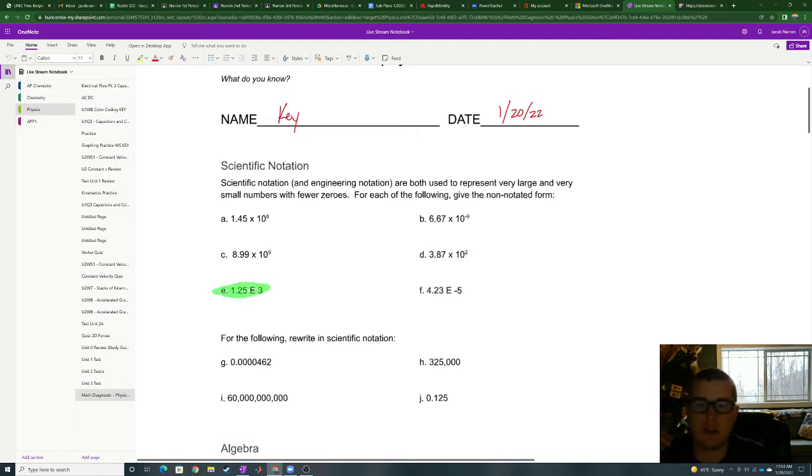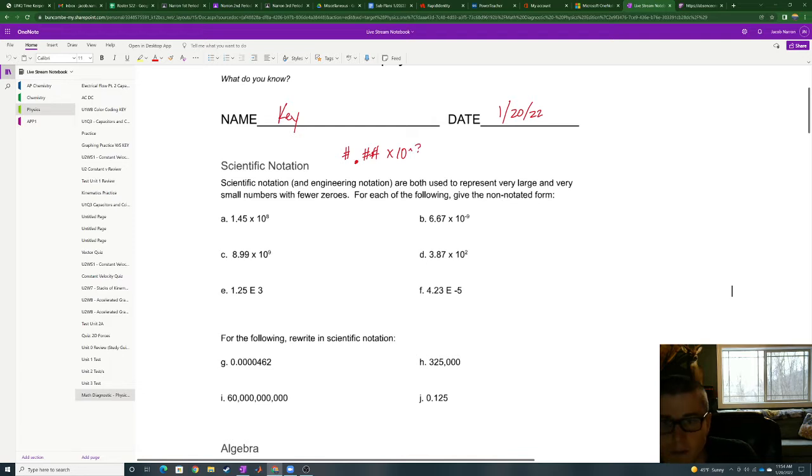So engineering notation has the E's, and scientific notation is always going to follow the format of having some number, with the decimal immediately after the number, and then as many numbers as necessary after the decimal. And it's always going to have times 10 to the something.